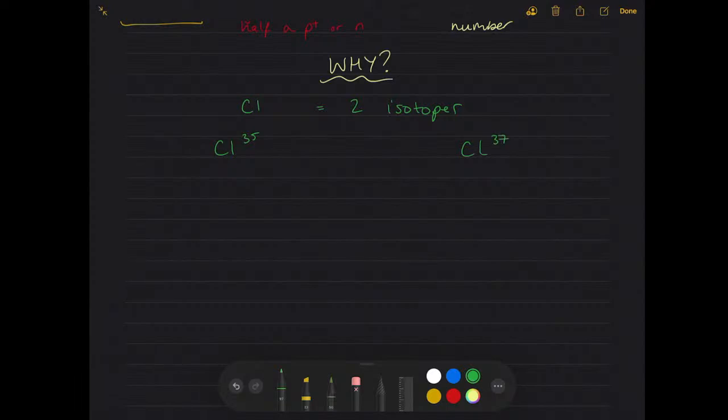Now, different isotopes, you can find different amounts of them. It just so happens that in the universe, around planet Earth, if you had any amount of chlorine, 75% of the atoms would be the chlorine 35 isotope, and 25% of those atoms would be chlorine 37.